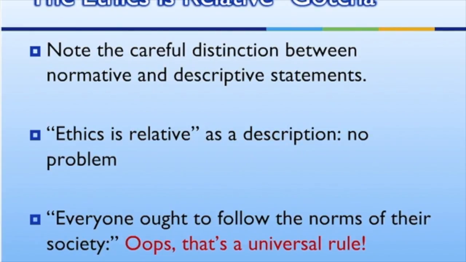If you decide that the existing variety of local ethical traditions means that no universal ethical rules are ever possible, then you have just made a contradiction. Gotcha. Because your statement that no universal ethical rule exists is itself a universal rule.